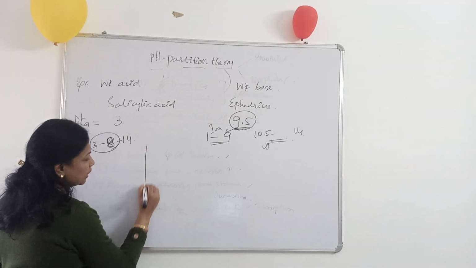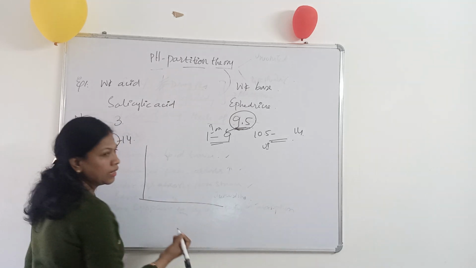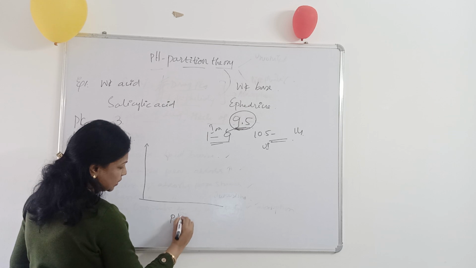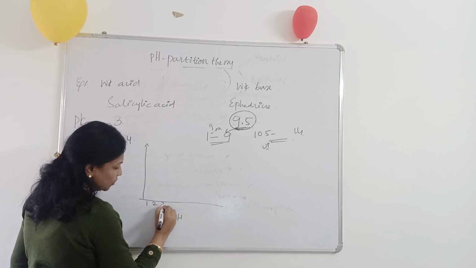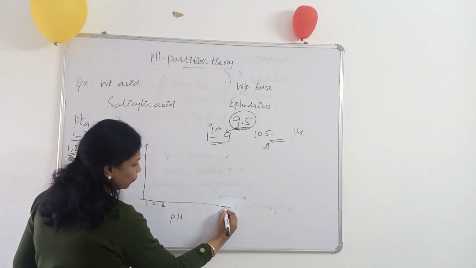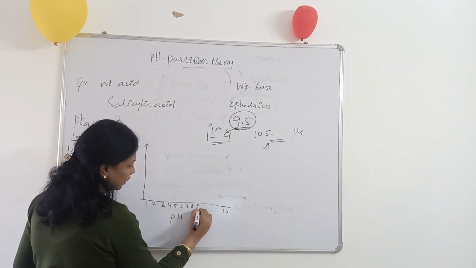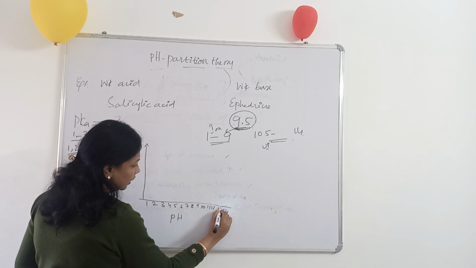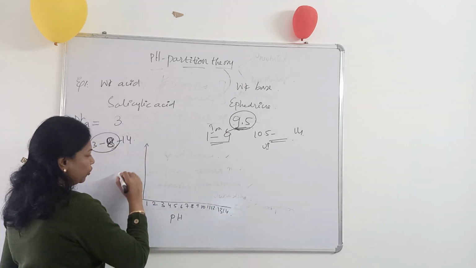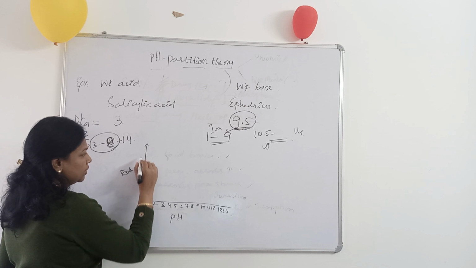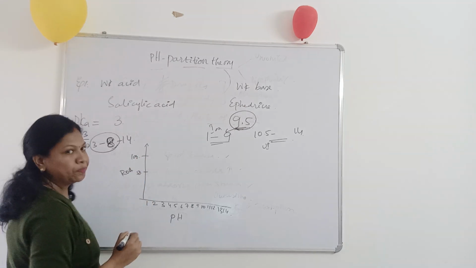When you see the graph experimentally and the predicted value according to the theory, this is the pH. We are preparing different pH solutions from 1 to 14, that is 1, 2, 3, 4, 5, 6, 7, 8, 9, 10, 11, 12, 13 and 14. So here we are considering rate of absorption, that is 50% and this is 100%.